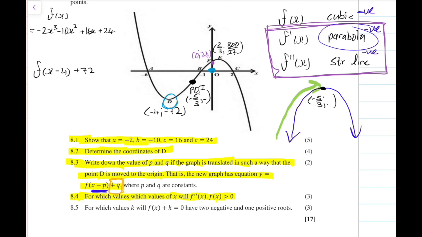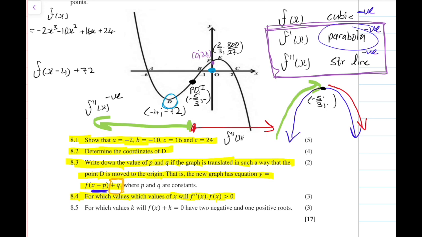And then anything greater than minus 5 over 3 will have a negative gradient. So we have to understand that anything on this side of minus 5 over 3 will result in your second derivative being negative, and anything on this side of minus 5 over 3 will result in your second derivative being positive.